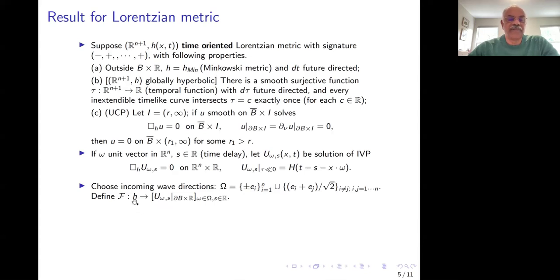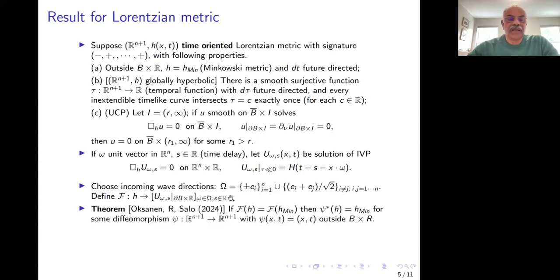And the forward map is that you take the Lorentzian metric and you look at the corresponding solution of the wave equation and you measure on the boundary, on the cylinder, and you do it for all the possible directions omega, and you do it for all time delays s. So for the Lorentzian metric case, we need to introduce the plane waves coming with different time delays.